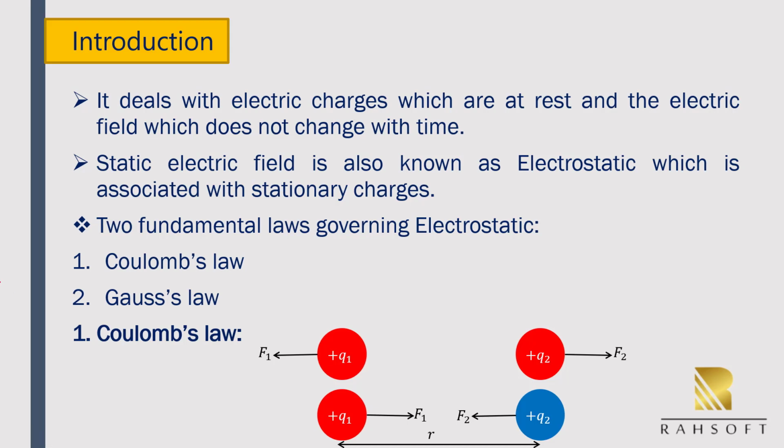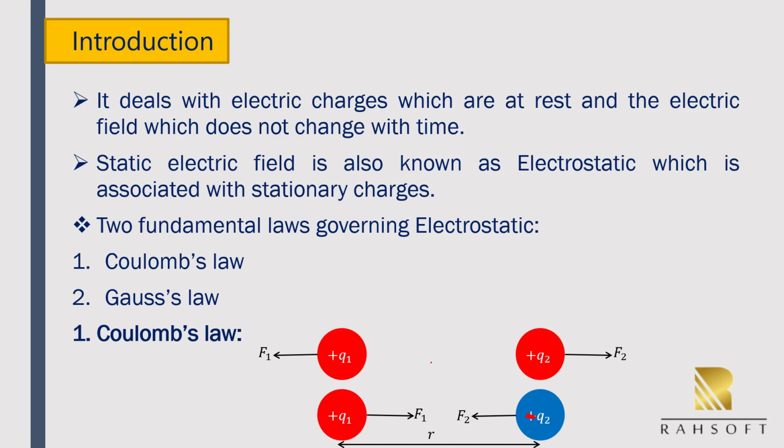You can see from this figure that we have unlike charges. This is a minus charge and this is a plus charge, so they attract each other. These are opposite charges.